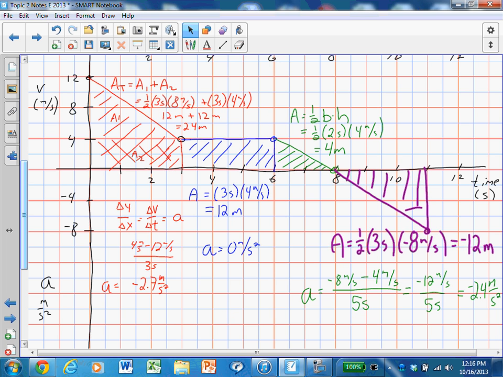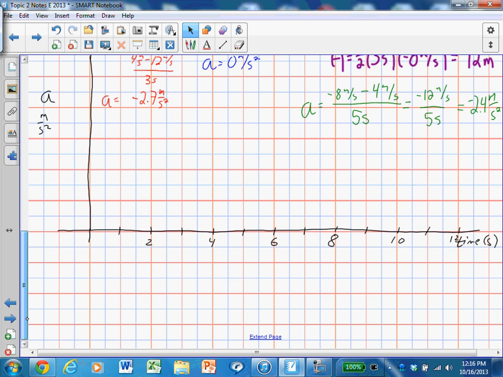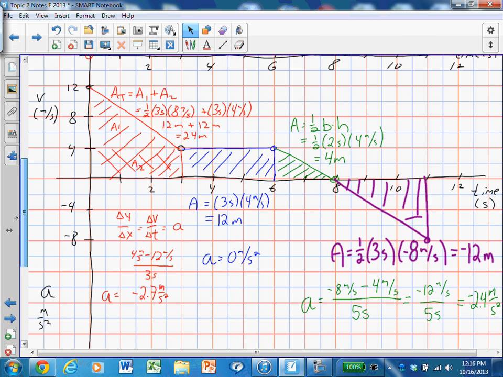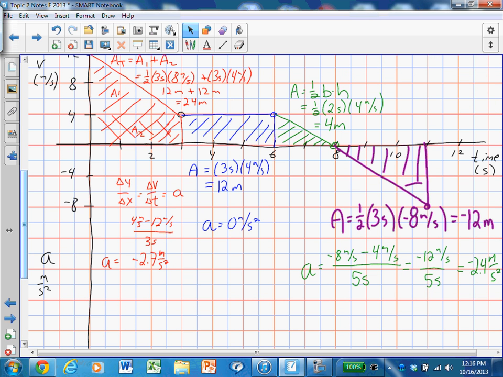Well, I did them both together because it's one straight line. It's a straight line here. Yes.